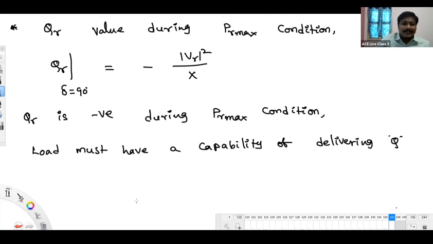That implies the load must be capacitive in nature.